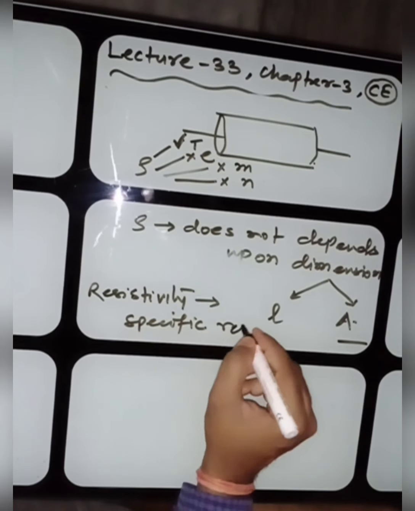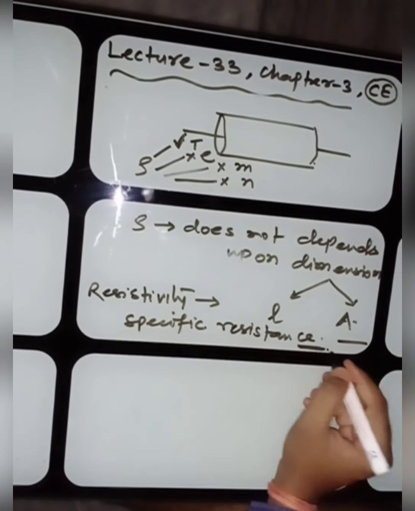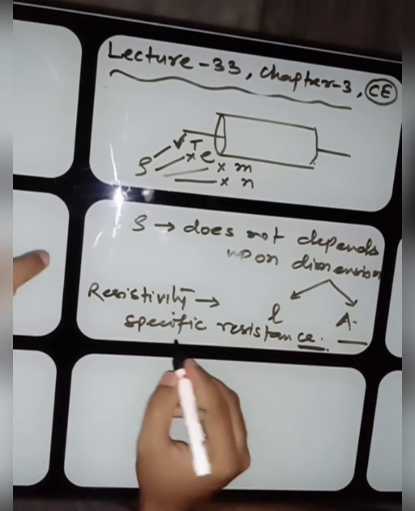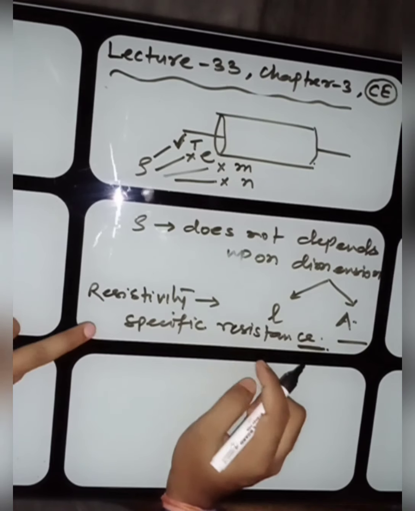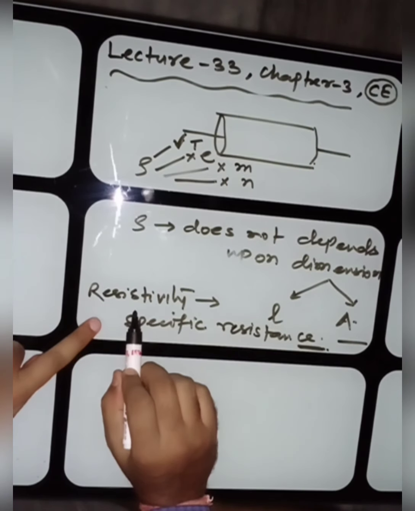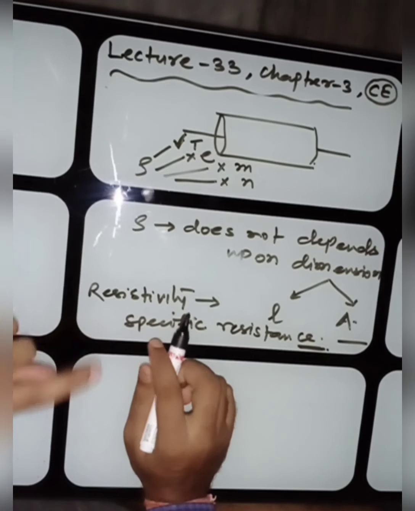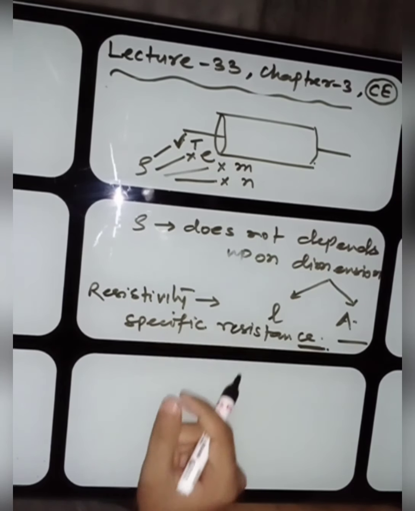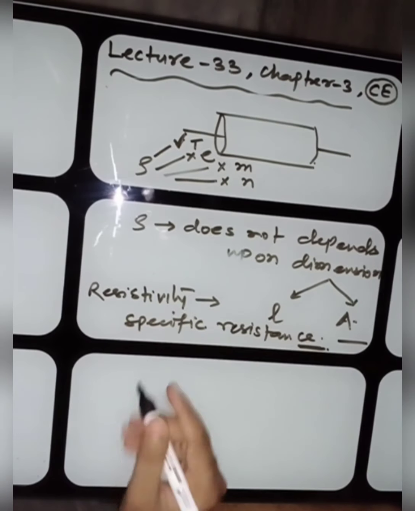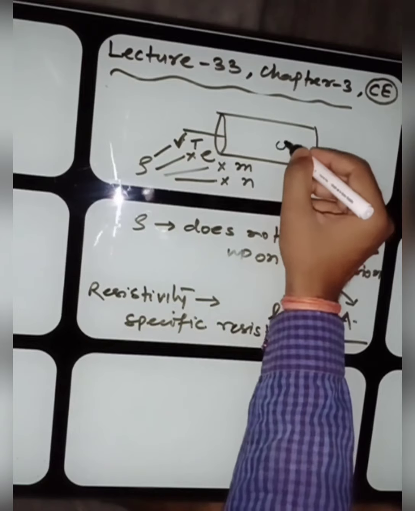Resistance we will study in very detail later on. Resistivity is nothing but the resistance of an elemental part of the conductor, that is, the smallest part.